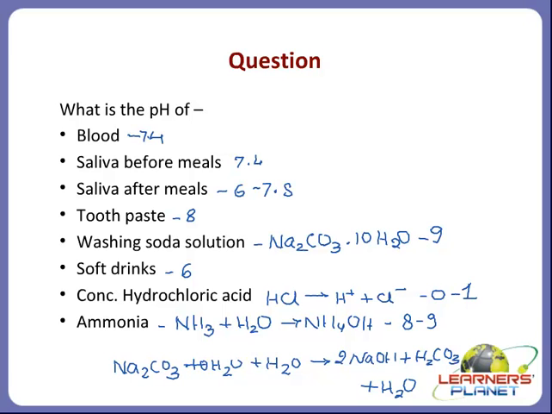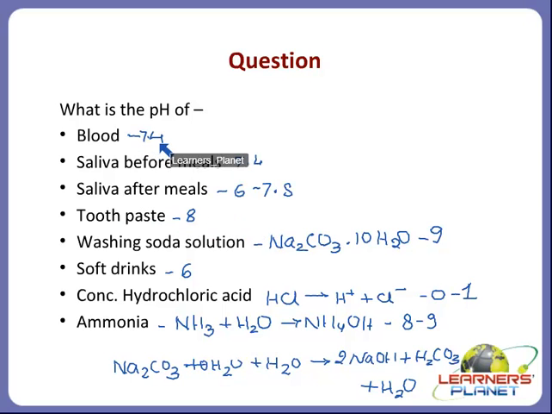Like I have written here, saliva after meals is 6 to 7.8. Above 7.8 it would be strongly alkaline. Below 6 it would be strongly acidic, which is harmful. So you don't need to remember the exact values. You just remember the medium, whether it should be acidic or basic.